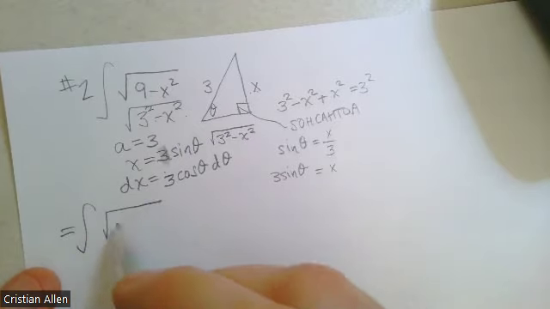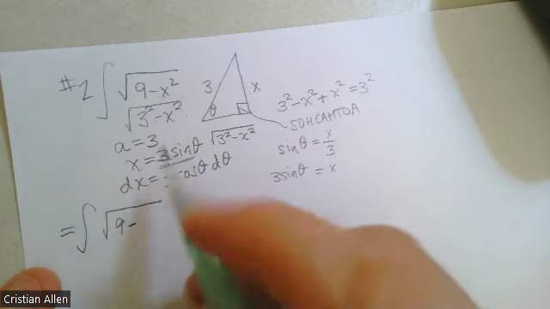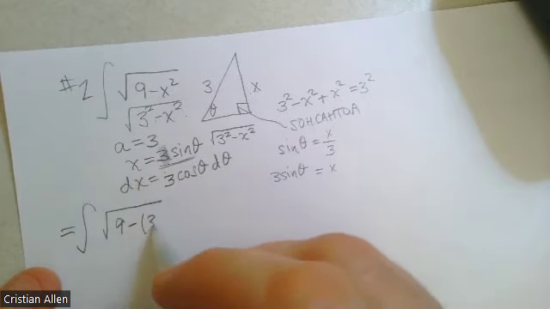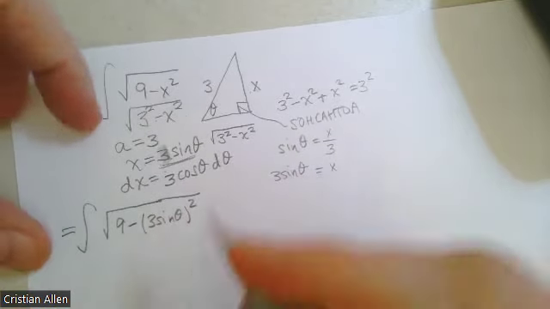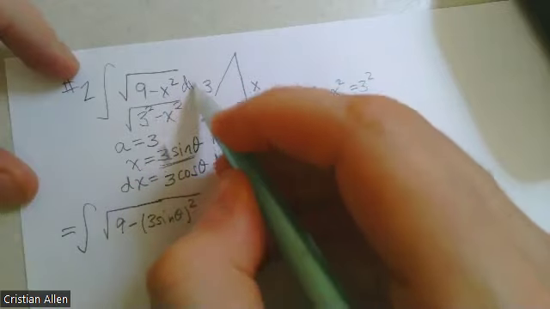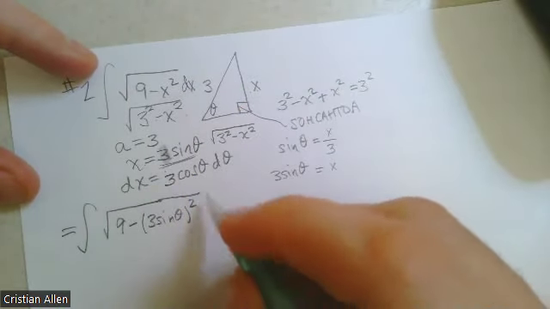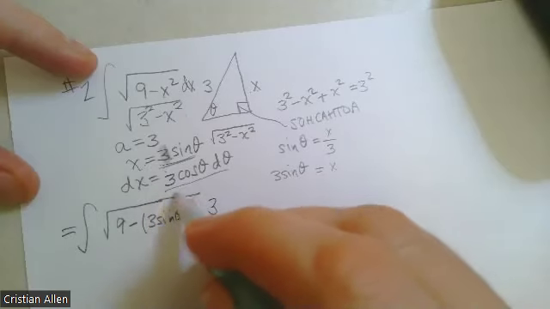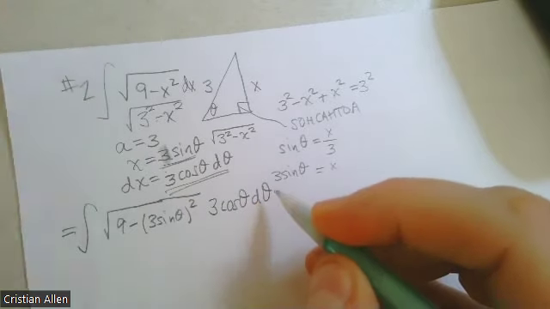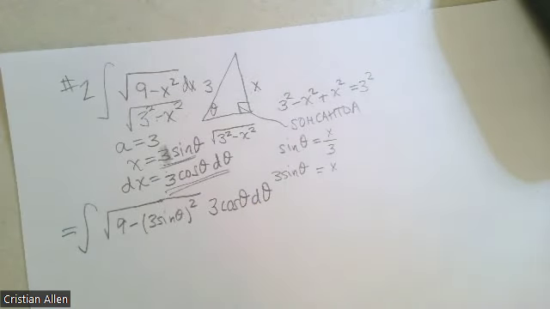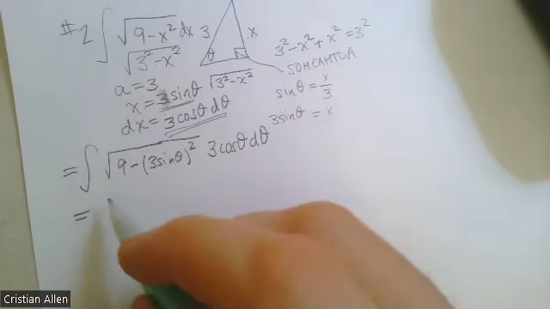We have that this is equal to 9 minus x, where x is equal to 3 sine theta, so 3 sine theta squared. Now the dx, which I should have been putting, the dx is equal to 3, as you can see right here, 3 cosine theta d theta. Excuse me.